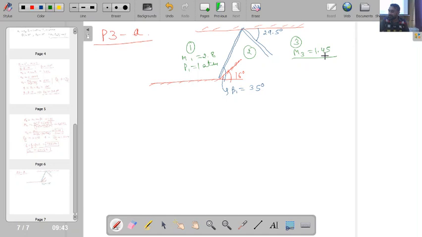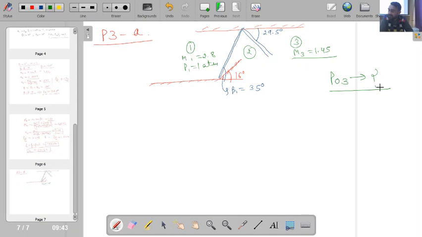Now in this problem it is asked that you have to calculate P03. What is P03? P03 is nothing but my stagnation pressure or total pressure at point 3. So I have to calculate P03.